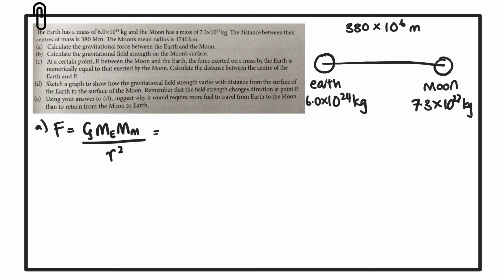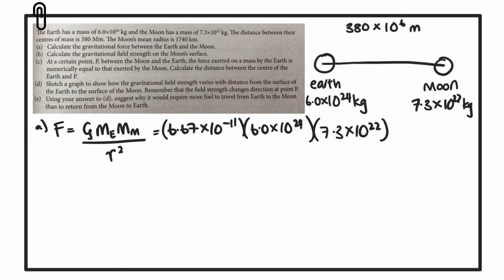So let's put in the values that we know. G is a constant, so that's 6.67 by 10 to the minus 11, multiplied by the mass of the Earth, which is 6 by 10 to the 24, multiplied by the mass of the Moon, 7.3 by 10 to the 22. And that's all divided by the separation squared.